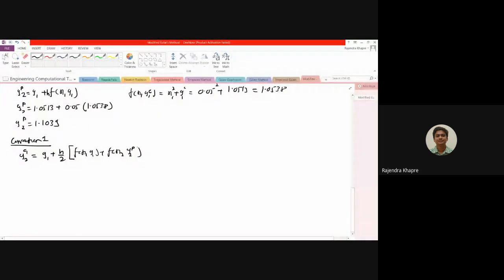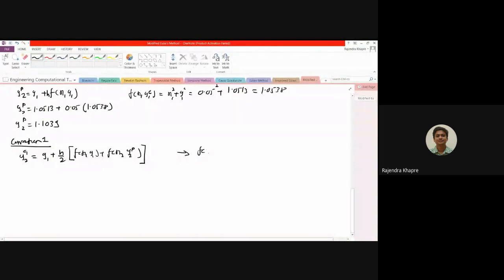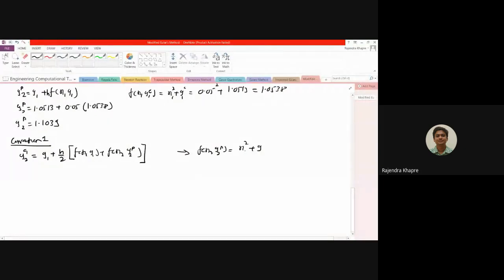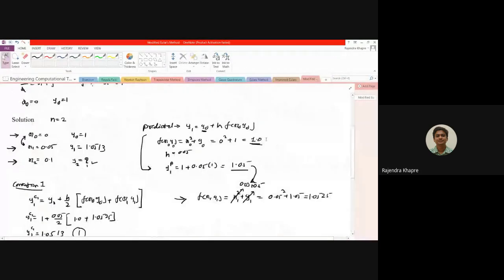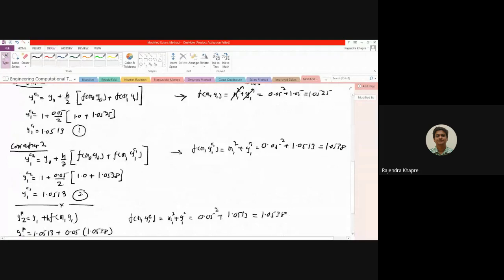We don't have the actual value as of now as far as the first correction is concerned, so we have to take the predicted value. Here we don't know what f of x2 y2 predicted is. This is x square plus y, where x will be x2 and y will be y2 predicted. If you remember, the x2 value is 0.1, isn't it?